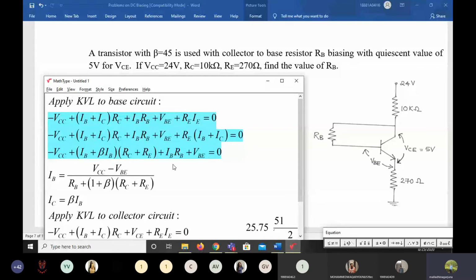So from this you get this equation, and you rearrange the equation to calculate RB.